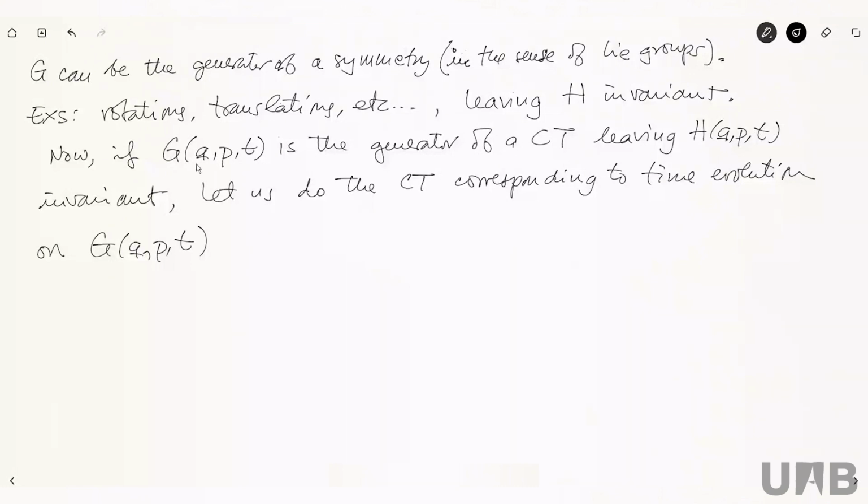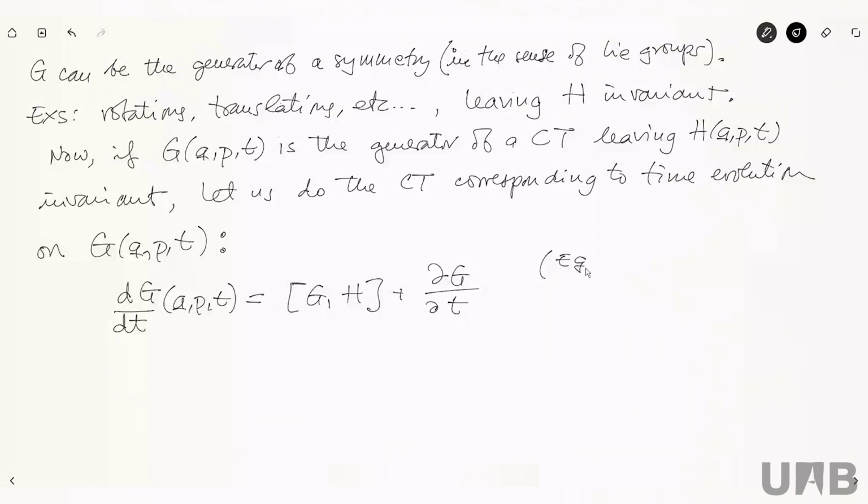Now we want to do, on this observable G, on this function G, the canonical transformation, not generated by itself, but the canonical transformation which is equivalent to time evolution. So we want to look at what happens when we evolve this G in time. And that we know, because the variation of this observable with time, a function of Q, P, and T, is the Poisson bracket of itself with the Hamiltonian plus the explicit time dependence.